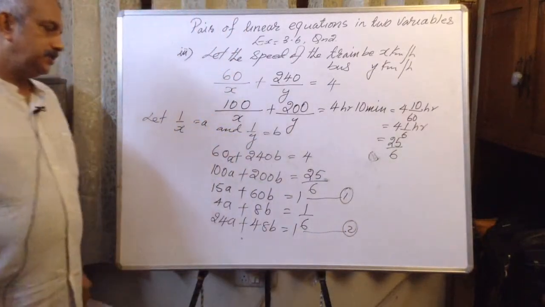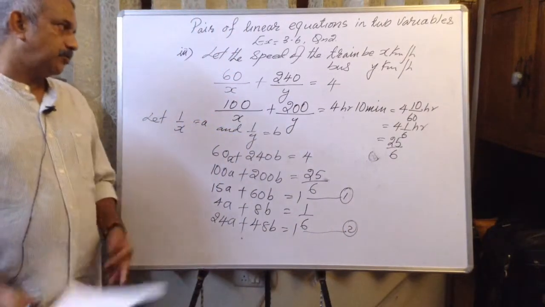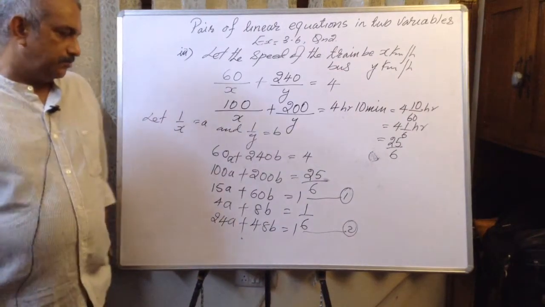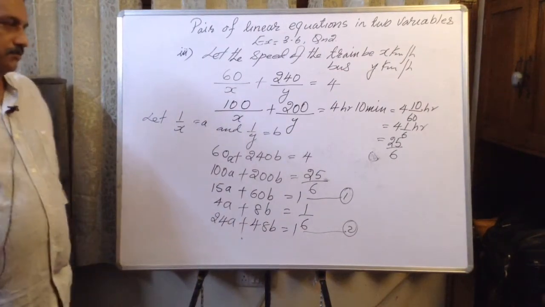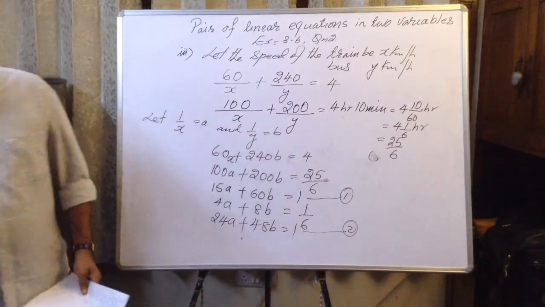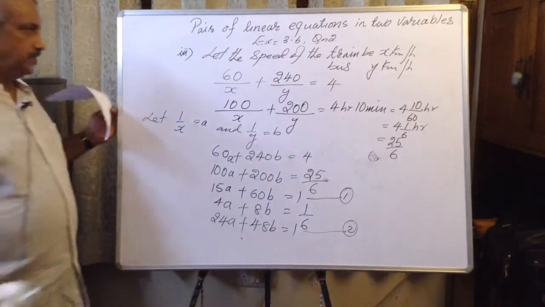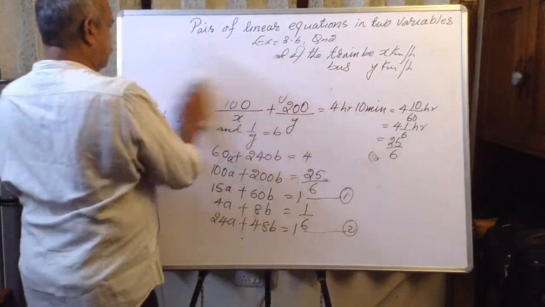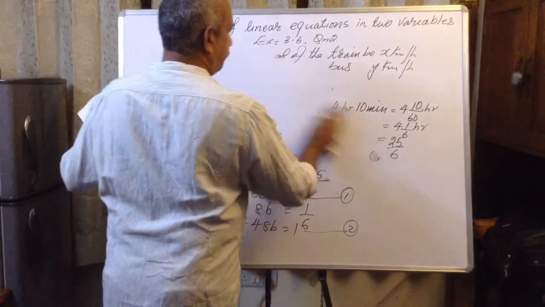Now you can solve these questions in fractional form also, then also you will get the same answer only. So I prefer to solve like this without fractions. Now we have to solve these two equations, then we will get the answer. We will substitute back, you will get values for x and y.